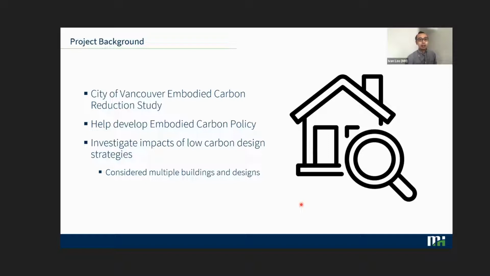To do that, we wanted to investigate the different impacts of low embodied carbon design strategies. One way to do that was to create a huge swath of data and analyze their impacts, so we turned to parametric analysis for this. Once we had created that whole set of data, we thought it would be beneficial for the industry as a whole if we were able to release it, and hence the creation of this tool.